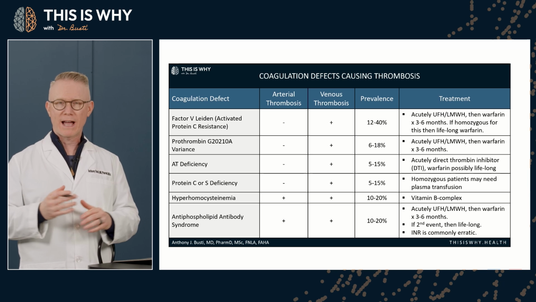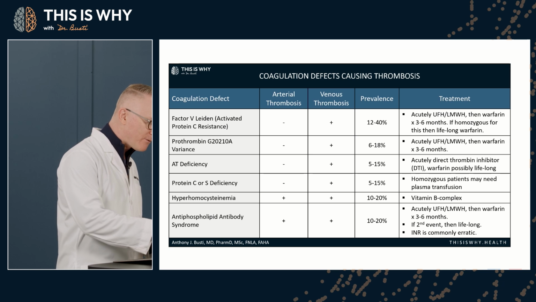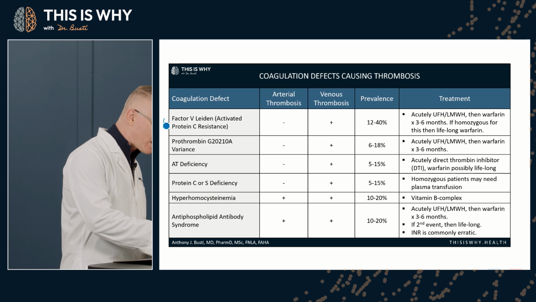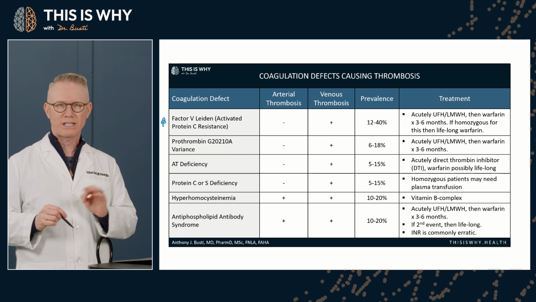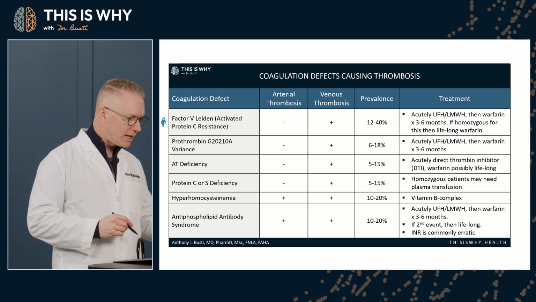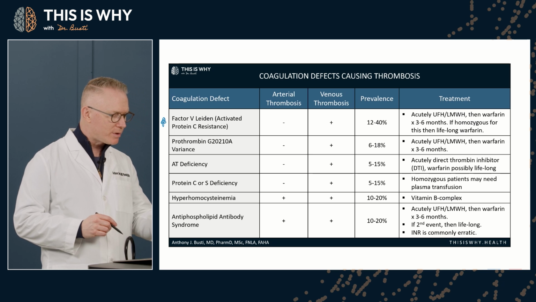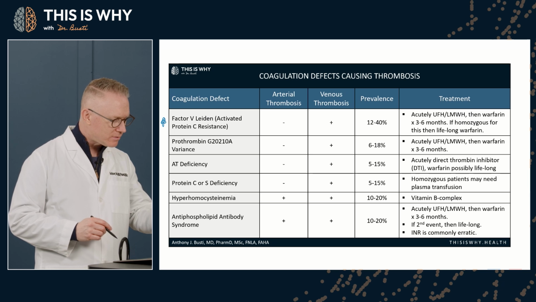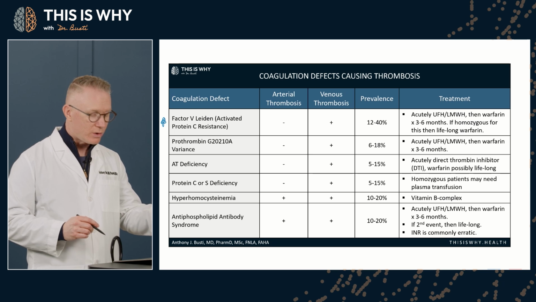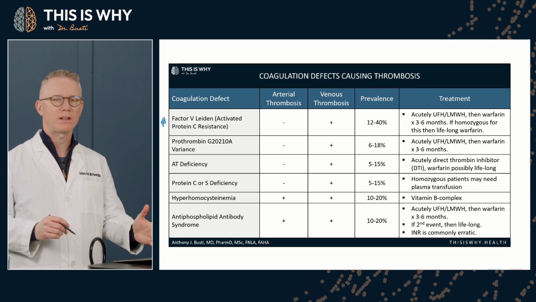and then some of the drugs that we would use to interrupt the coagulation cascade. And you can see here, I mentioned the word factor 5 Leiden. It's right here. That's activated protein C resistance. And then what I've done for each of these defects in each row is that we have the arterial thrombus effect, venous thrombus effect, is it predominantly venous or arterial, prevalence, and then some treatment considerations.